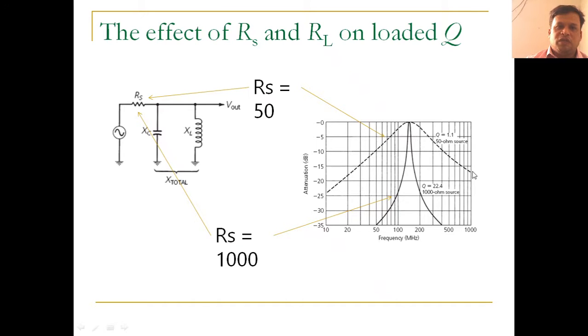If you see this graph, we can say that if the values of Rs and RL are increasing, then the graph also changes for the quality factor. By seeing this slide, we can say that the attenuation versus frequency graph shows the quality factor for two different source resistances.